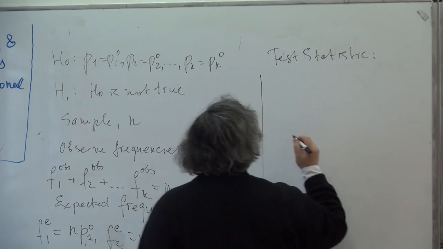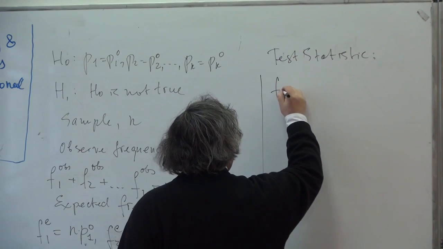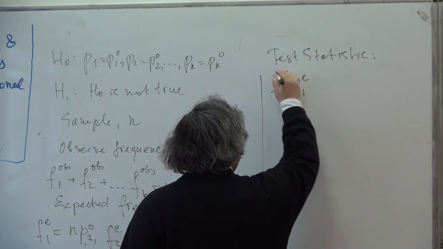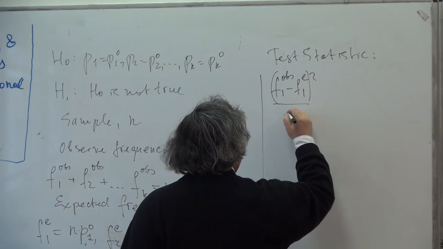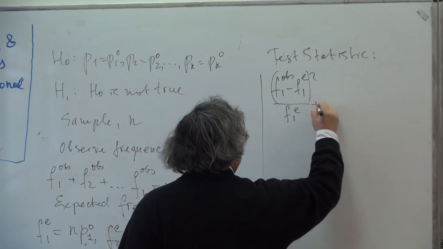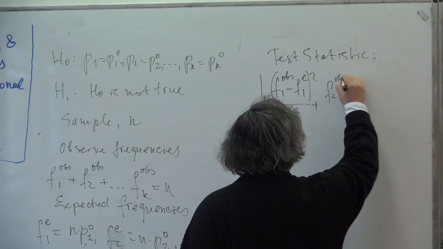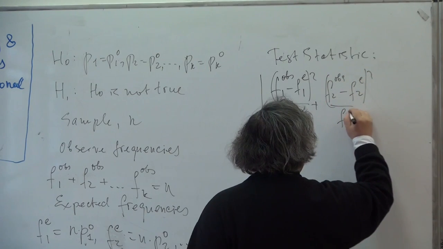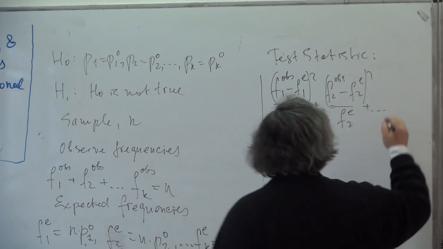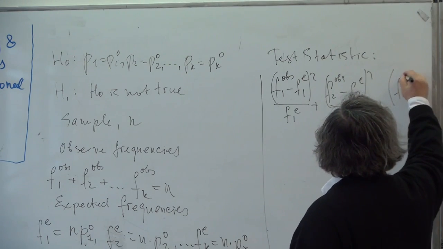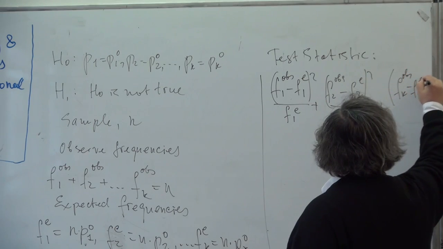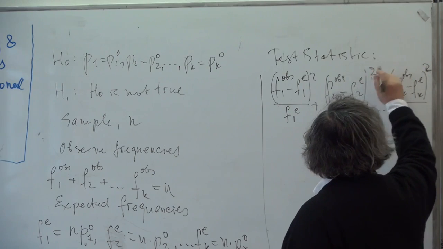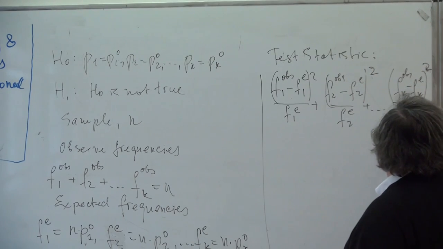Test statistic is this: F1 observed minus F1 expected, squared, divided by F1 expected, plus F2 observed minus F2 expected, squared, divided by F2 expected, and so on up to this last term, Fk observed minus Fk expected, squared, divided by Fk expected.